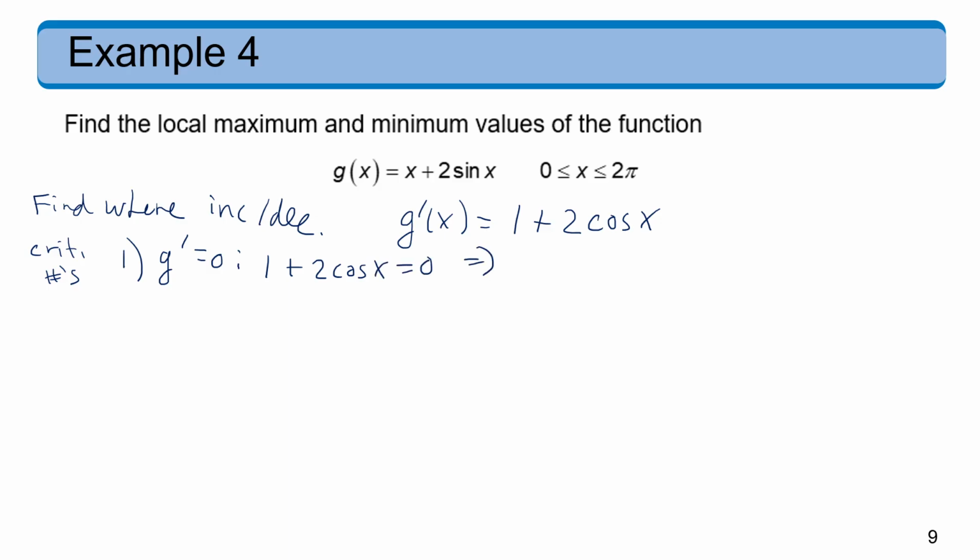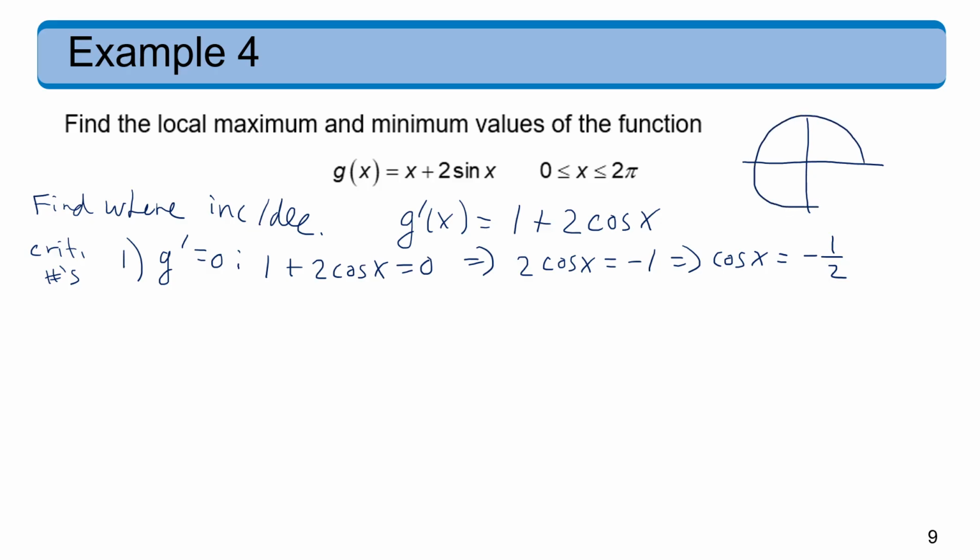So first we'll subtract 1 and then divide by 2. And now you have to know your trig in order to solve this from here. If you think about your unit circle, we want to find points on the unit circle where cosine is -1/2.